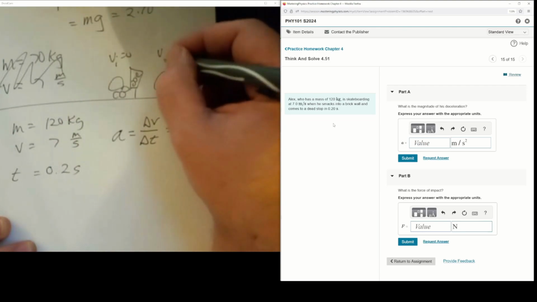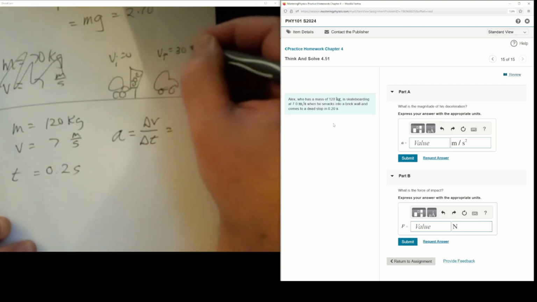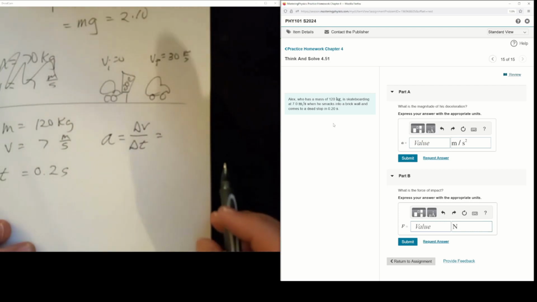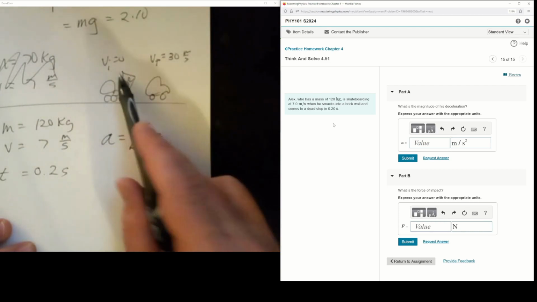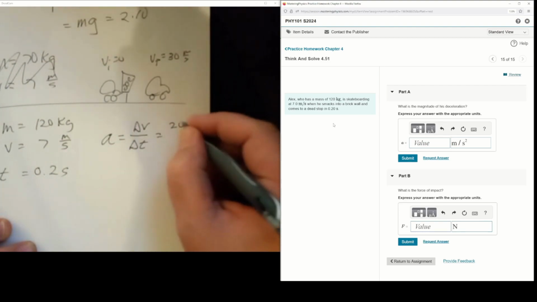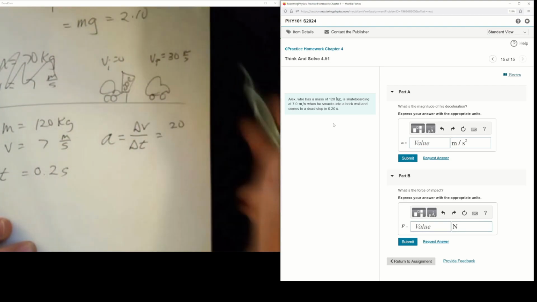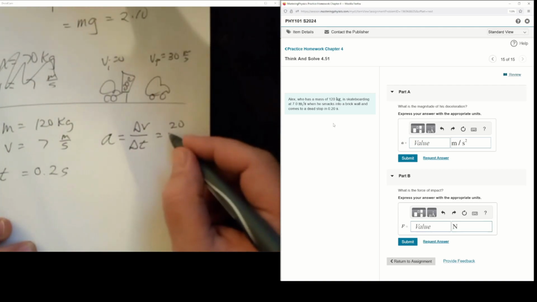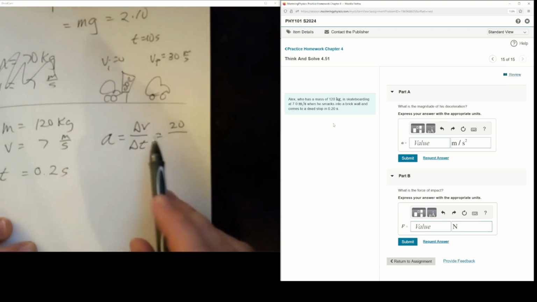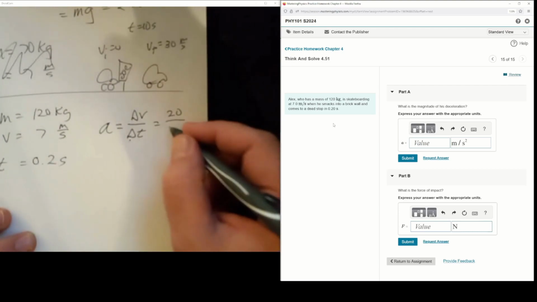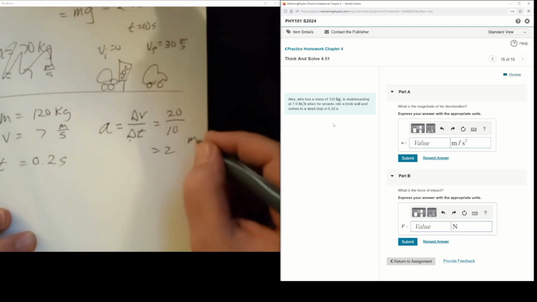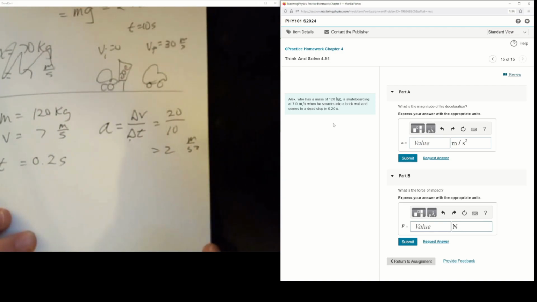Let's say a final velocity of 30 meters per second. That's about 60 miles per hour. Well, that change is always final minus initial. So if we do 20 minus 0, that change is 20. Your velocity changed by 20. And let's say that took you 10 seconds. Well, 10 seconds is your change in time, and so we can get your acceleration from that. That would be 2 meters per second squared.